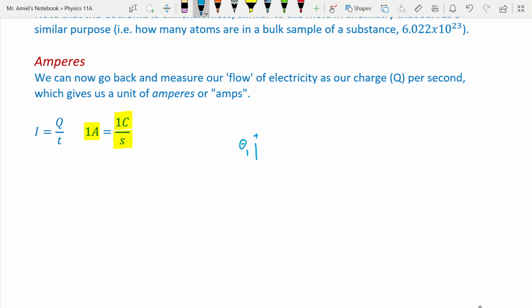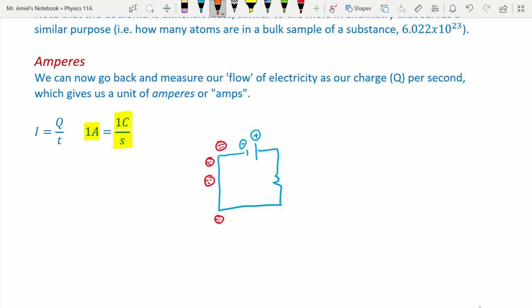Here's our negative terminal and our positive terminal, and instead of looking at how many electrons are coming around, we're now looking at our bags of electrons. We're going to count how many of these bags go by our boundary in a second.